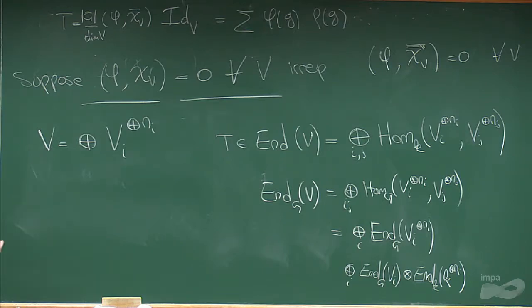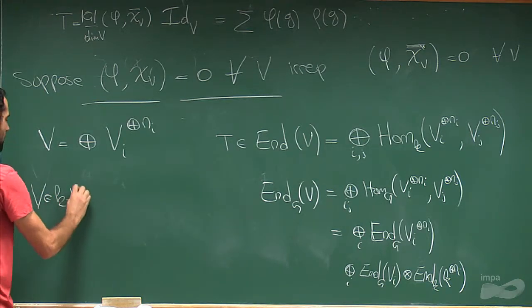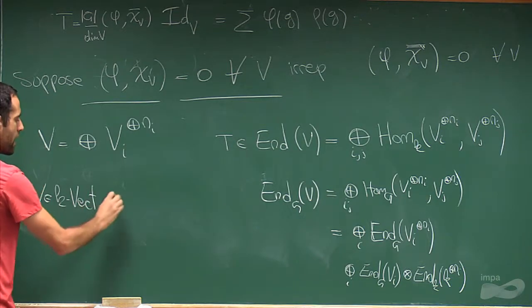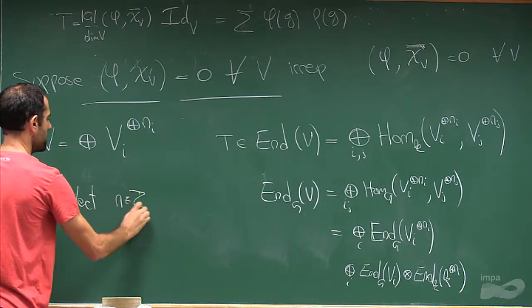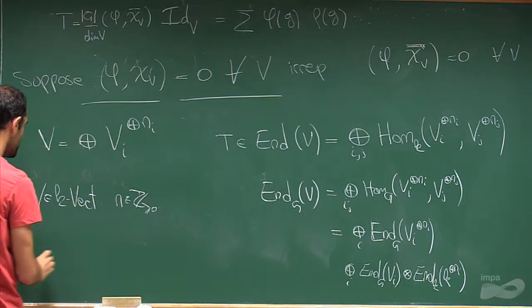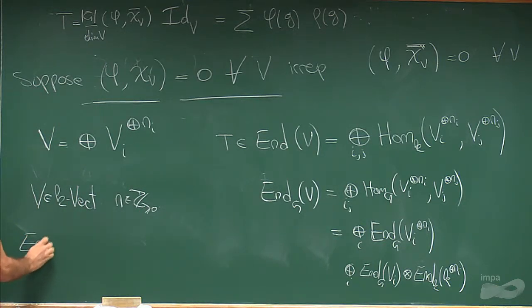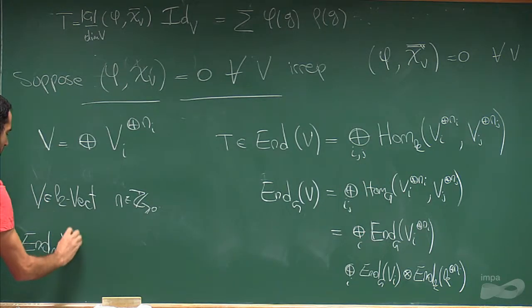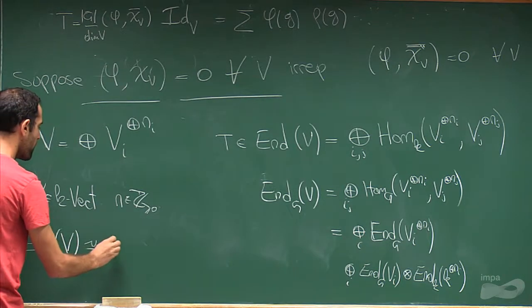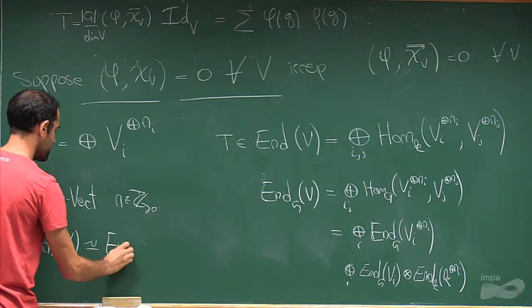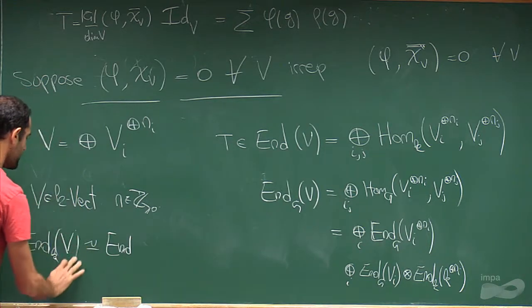So I asked this for vector spaces. Let's suppose that V is a K vector space and N is a positive integer. Is it true that the endomorphisms over K of V to the N is isomorphic to the endomorphisms of V tensor the endomorphisms of K to the N?